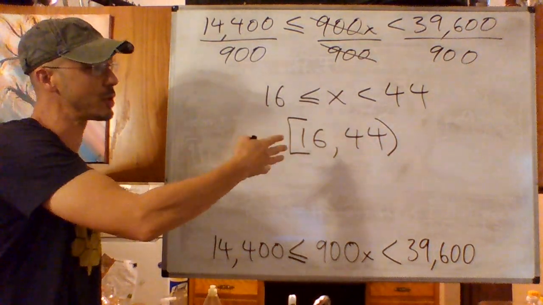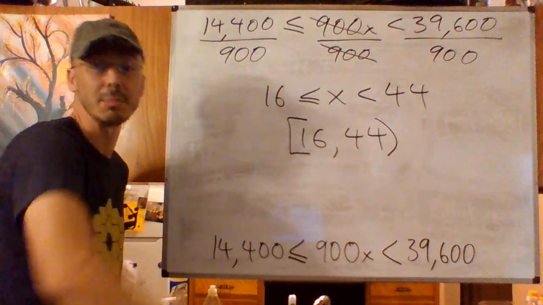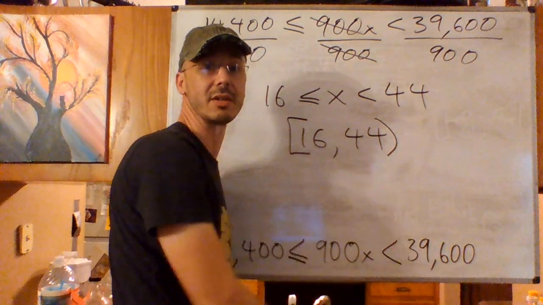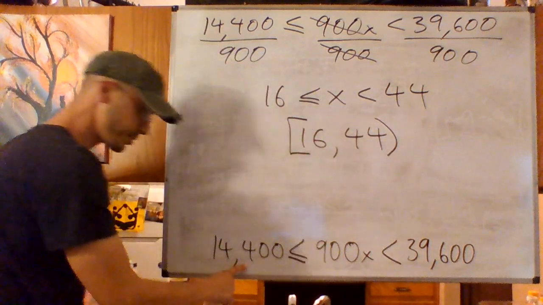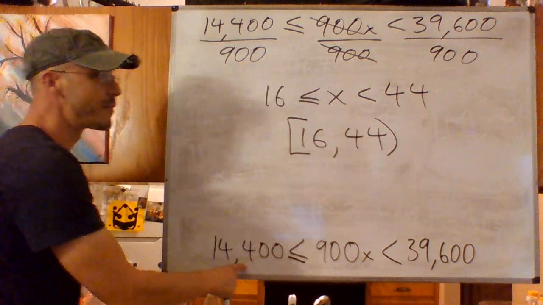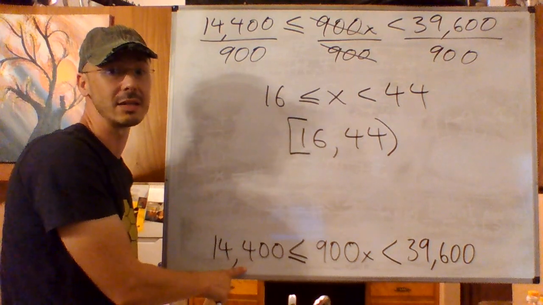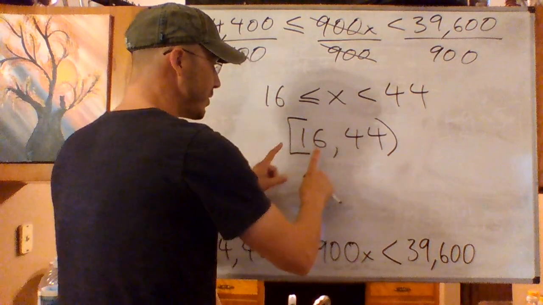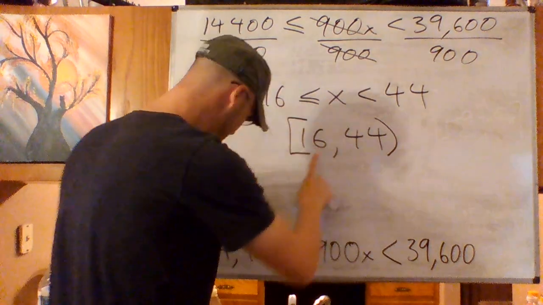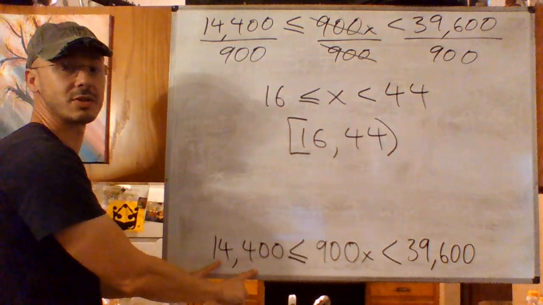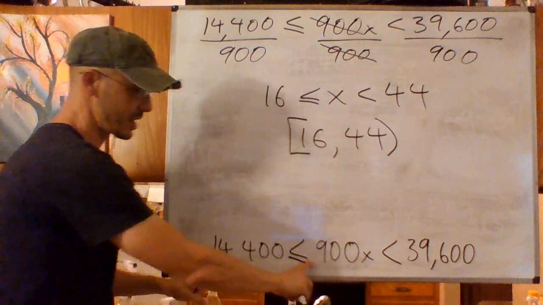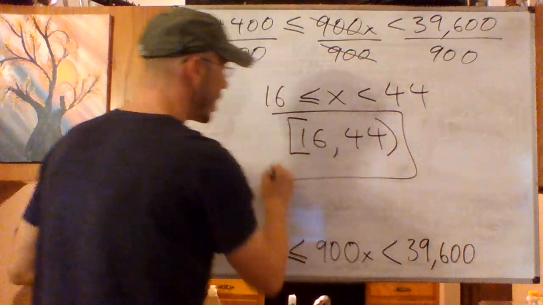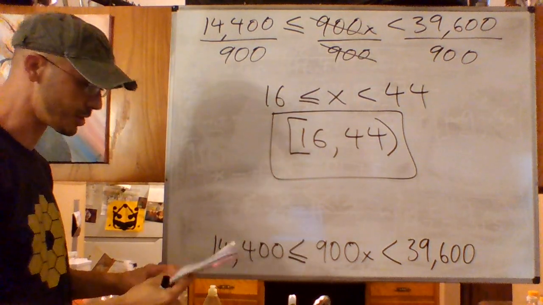Because if he takes 45 trips, he'll be above the range for gold status. If he takes fewer than 16, he'll be below the range. But if he takes exactly 16, he'll be right at this mileage. And that's less than or equal to that number. So that's probably how Hawks is going to want you to put your answer in.